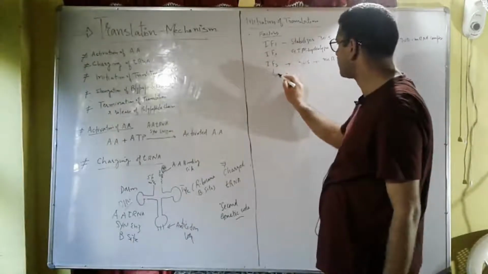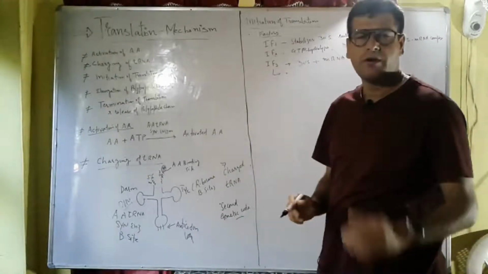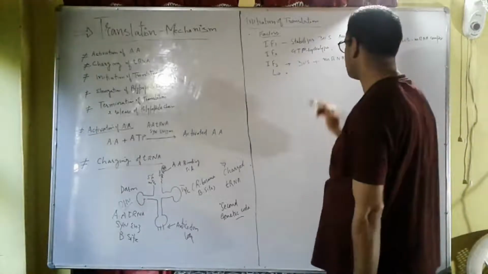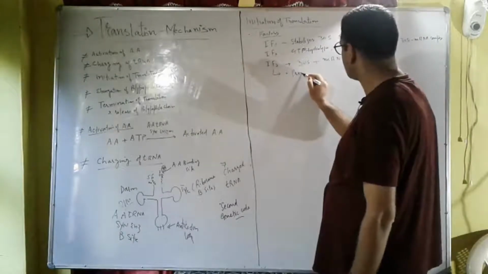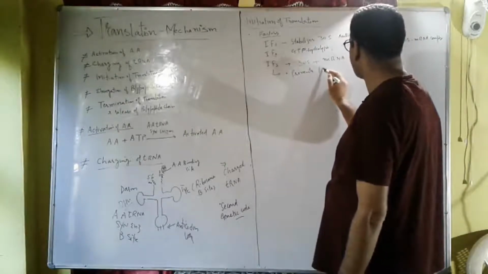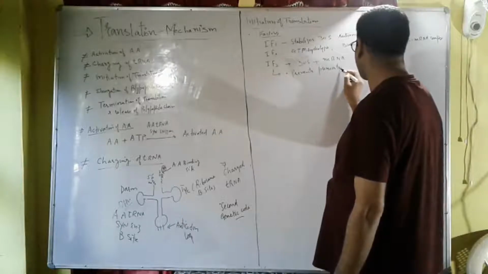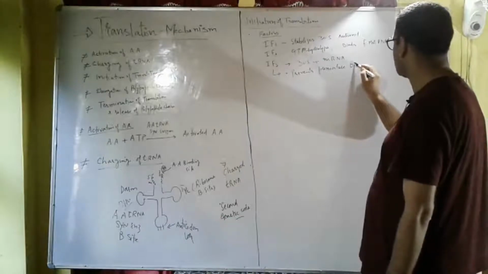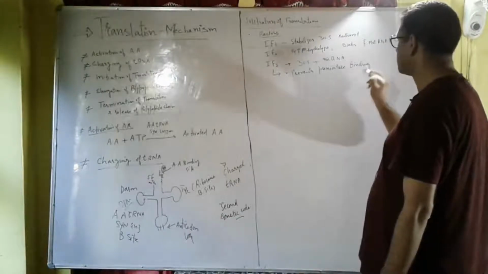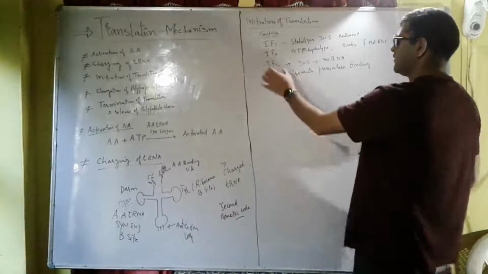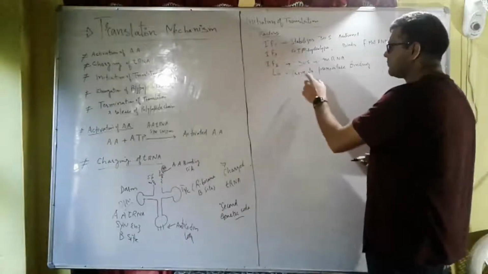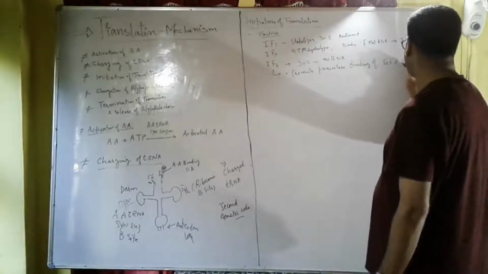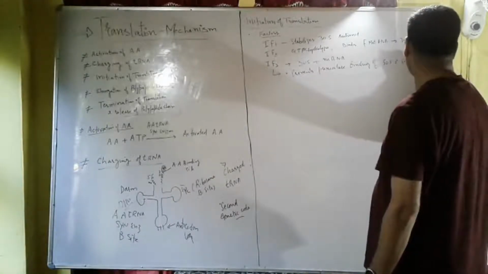And this initiation factor third is also responsible for preventing the premature binding of 30S and 50S ribosomal subunits. It was asked in a competitive exam, what is the role of initiation factor third? It prevents premature binding of 50S and 30S ribosomal subunits.